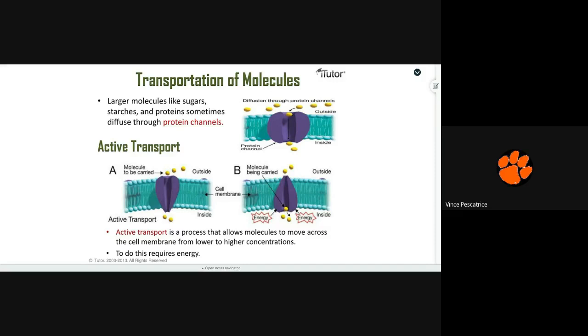Okay, so active transport is a process that allows molecules to move across a membrane from a low to high concentration. The important thing here is that it requires energy.